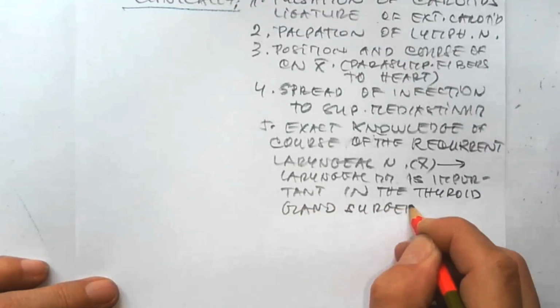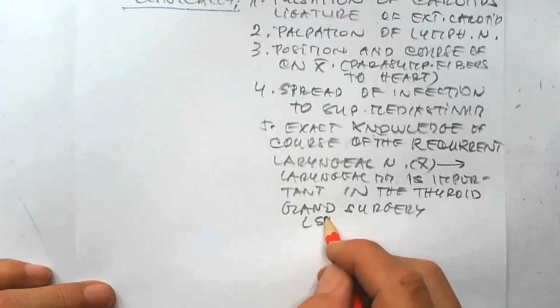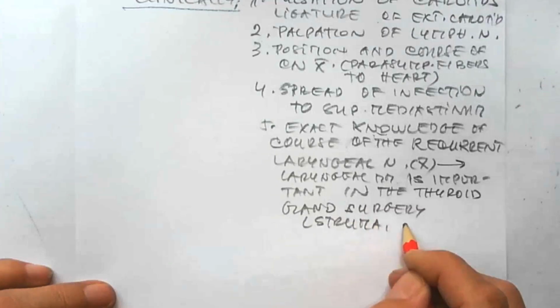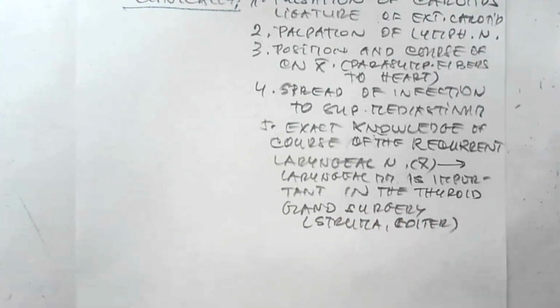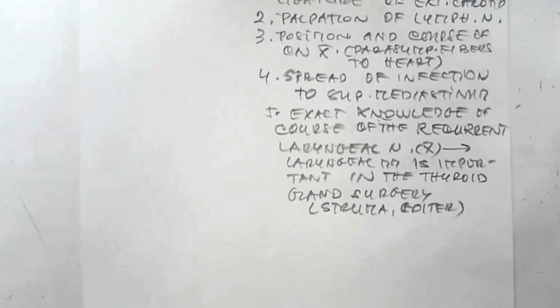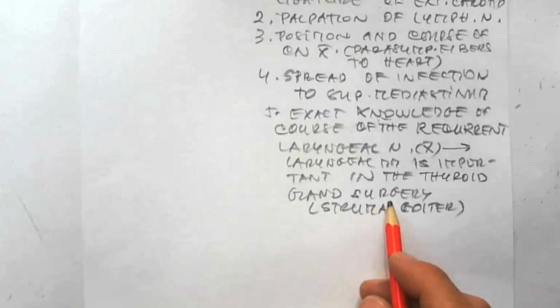The surgery is pointed with, I would just say, struma or goiter. Don't forget, please, that struma can compress the esophagus, it can compress the trachea, it can also compress this nerve, and also soft tissue. So a larger struma can compress and devastate, in fact, the area of the neck.